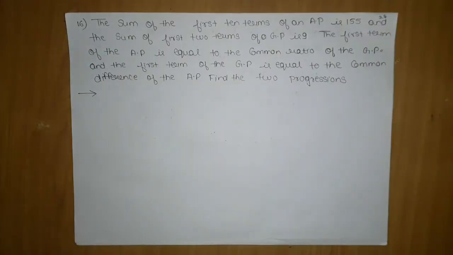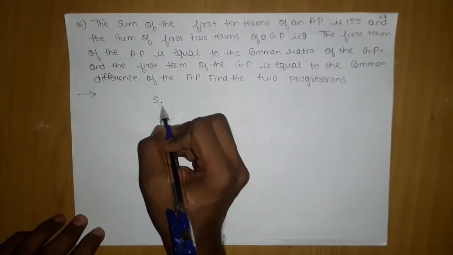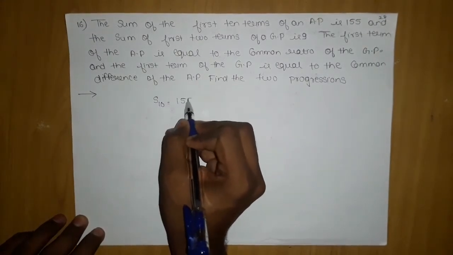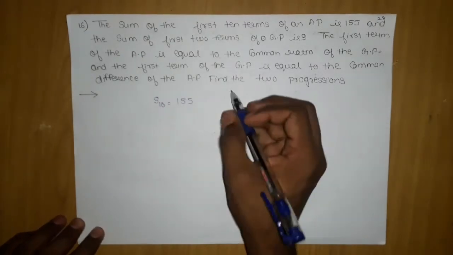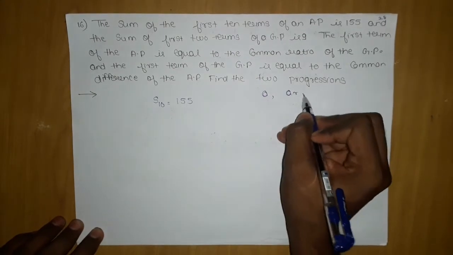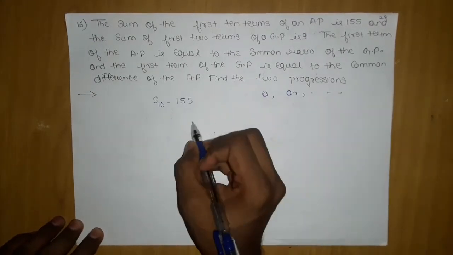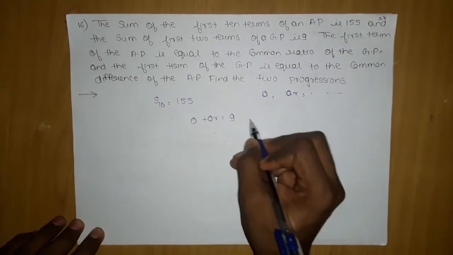The first information given is that the sum of the 10 terms of the AP is 155. Another is that the sum of the first two terms of a GP is 9. If I consider the GP as a, ar and so on, then a plus ar should be equal to 9.